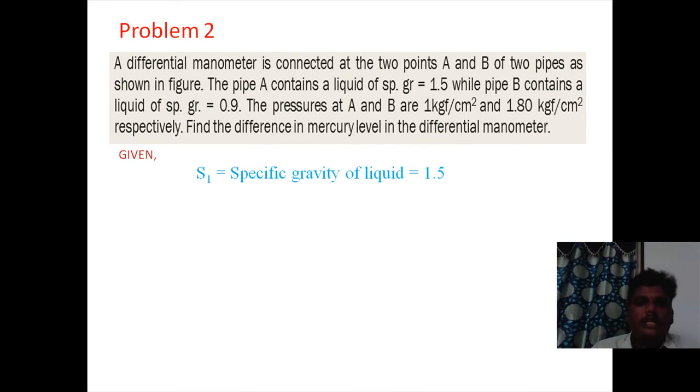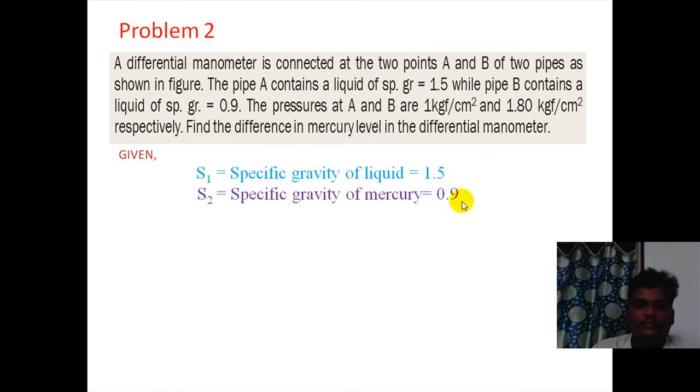First, given data: specific gravity of the liquid in A is 1.5, and the specific gravity of the second fluid is 0.9. Next, density.